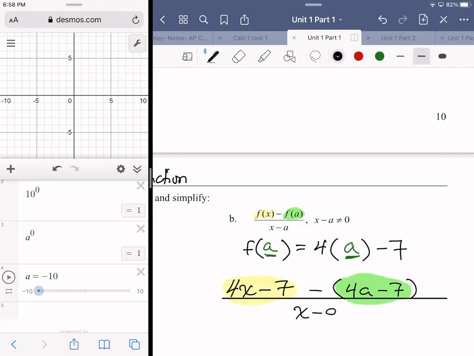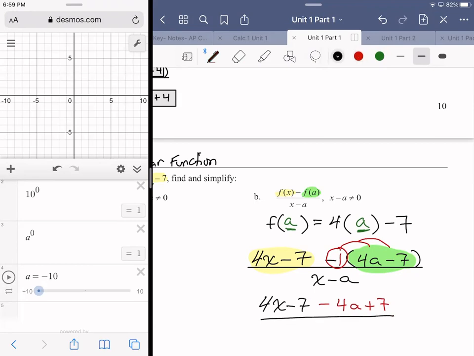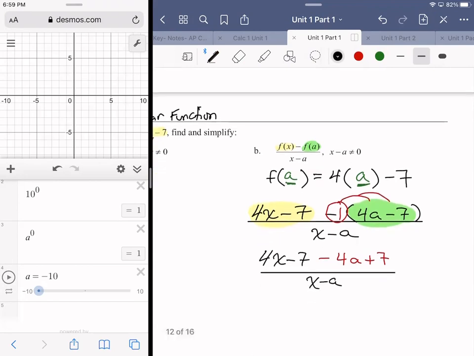I'm going to take that and divide it by just x minus a. We're going to simplify first, of course. So 4x minus 7, little distributive property here. I'm going to get negative 4a plus 7. I'm going to take the negative 7 and positive 7.